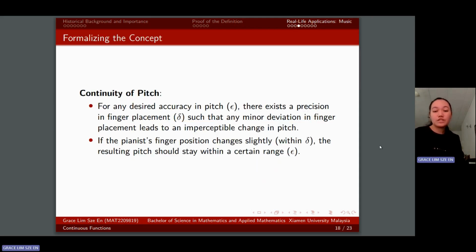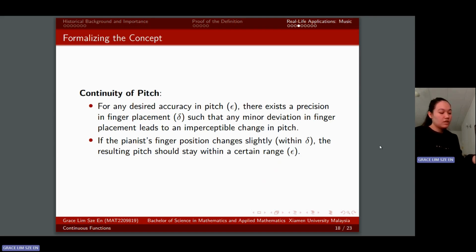So for example, in pitch, there is a certain precision in the finger placement called delta. If you look here, obviously, if I vary my position enough, eventually I'm going to hit another key in front of me, or I'm going to hit another key to the back of me.